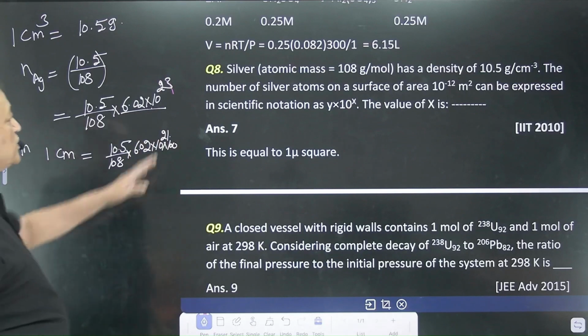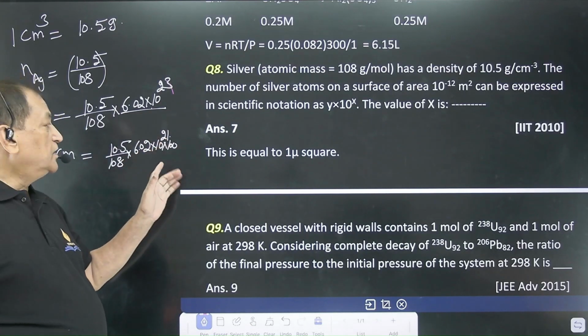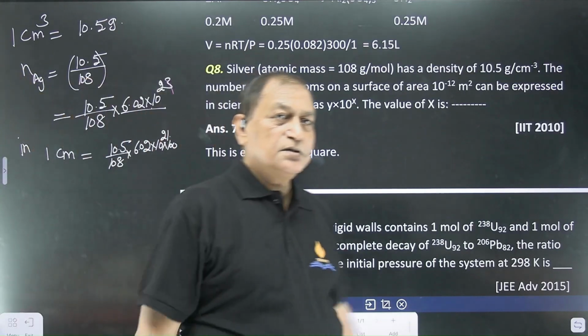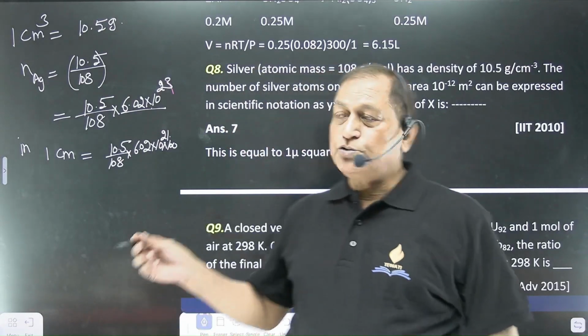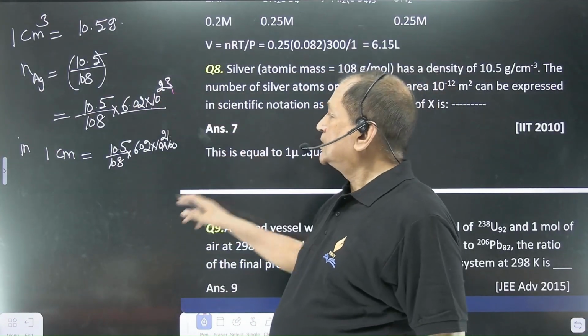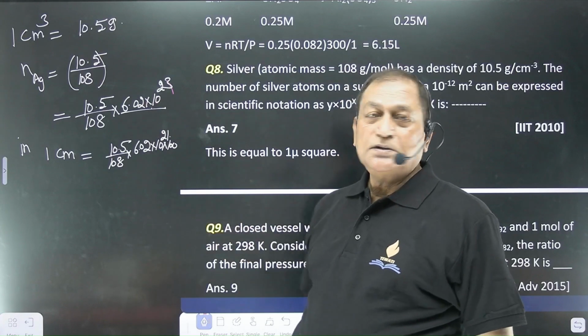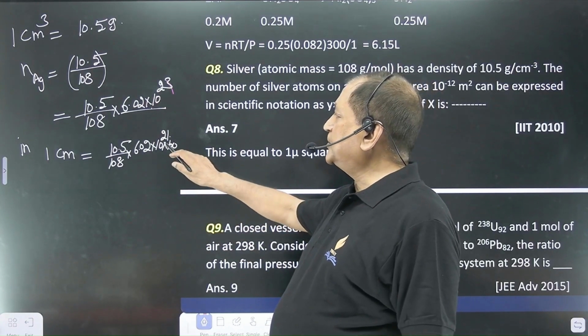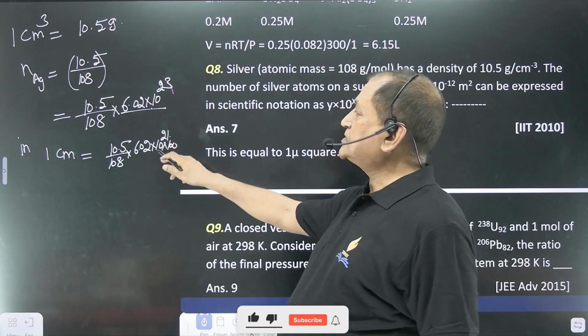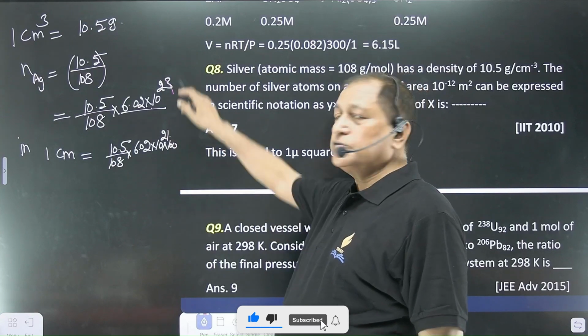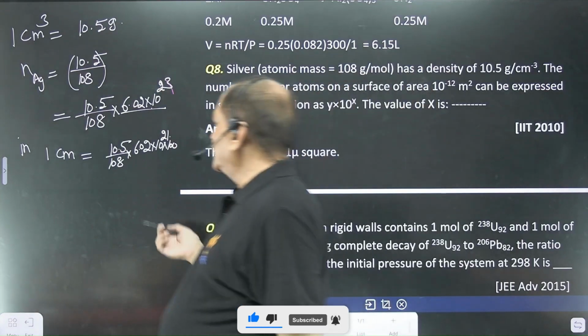This 10 raised to 23 I have written like this, 21. Why have I written this? Because I will be taking the cube root of this whole expression, and in cube root the power should be divisible by 3. So that's why I have made it 21 instead of 23, and I have written 100.